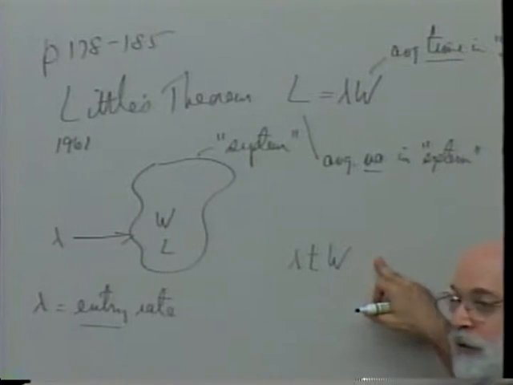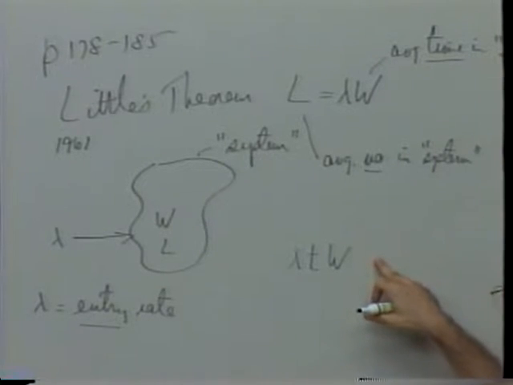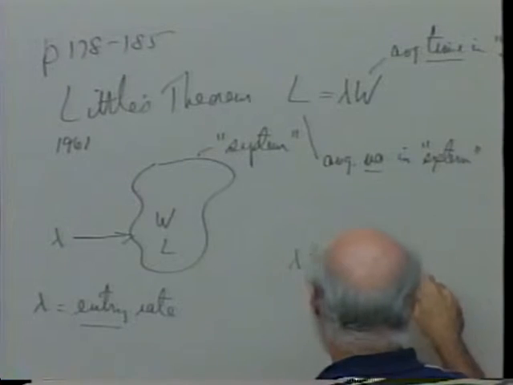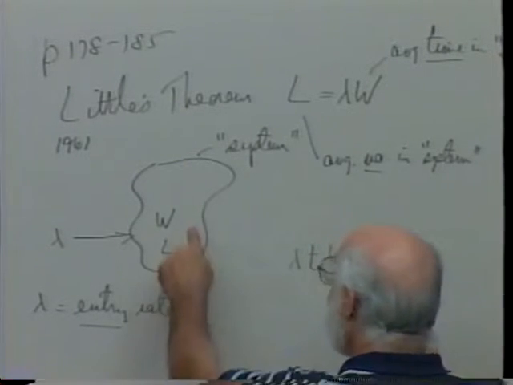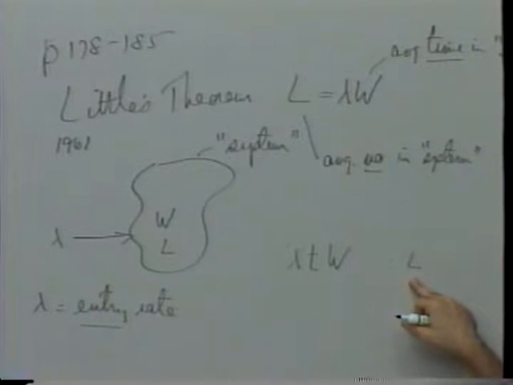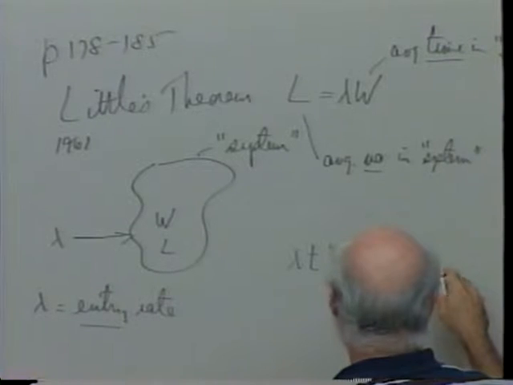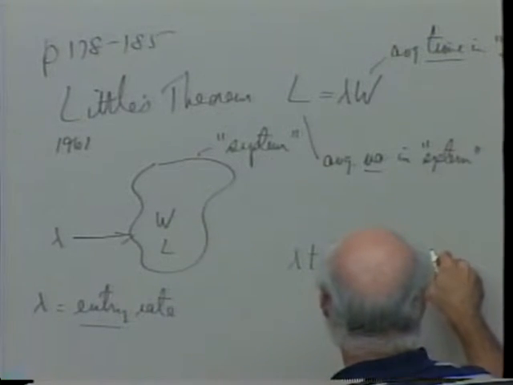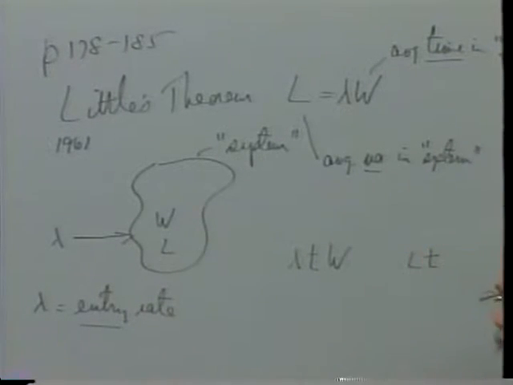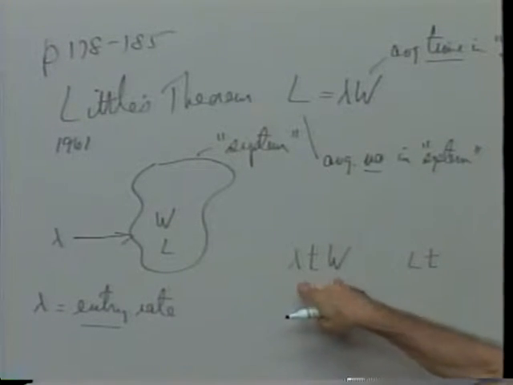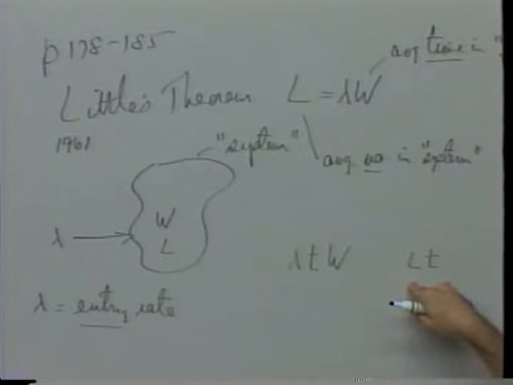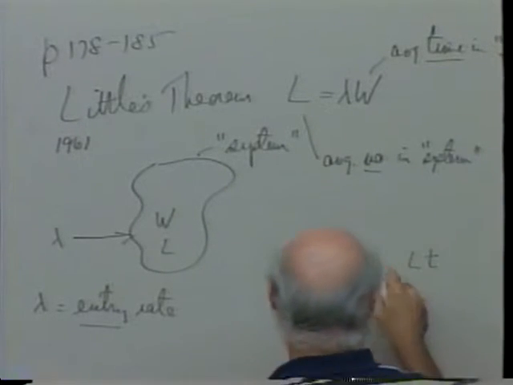Now on the other side, how much work is being used up? Well, if on the average the number of customers present in the system is L, and each customer is using work up at 1 unit per unit of time, then the total amount of work absorbed by the customers is L t. And then you simply say, the amount of work brought in and the amount of work used up have to be the same in the long run, so you set these things equal.